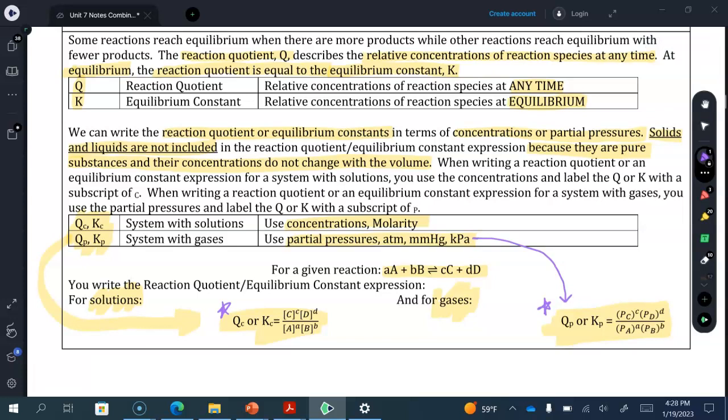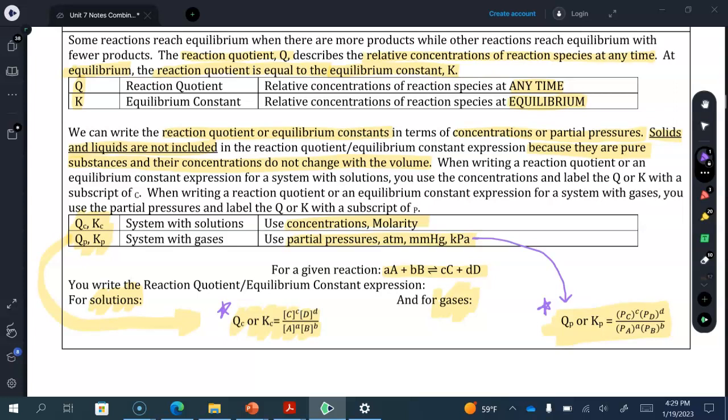If you are given pressures and you write it as though it's concentrations, as this one, you will not receive those points. You have to pay attention to what units you're given. If it's molarity, use concentration, so square brackets. If it's pressures, you're going to use P with the substance denoted as a subscript.